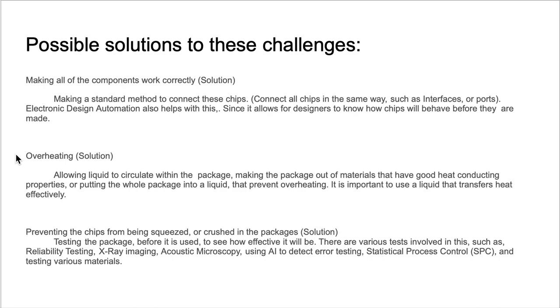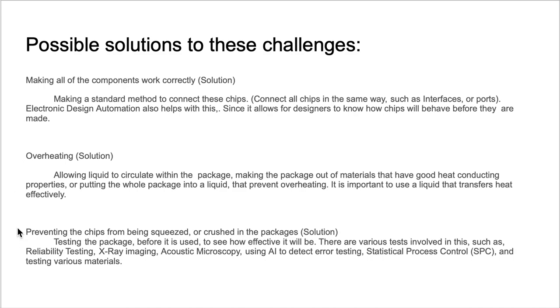Another thing besides liquids would be the materials used in the design of the package, good heat conducting property materials in the design of the package itself. Essentially, for liquids, it's important to use liquids that transfer heat effectively.